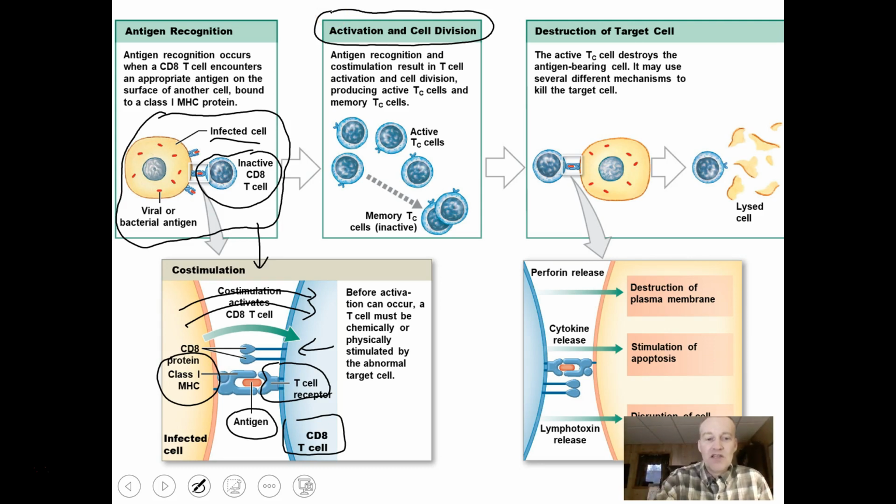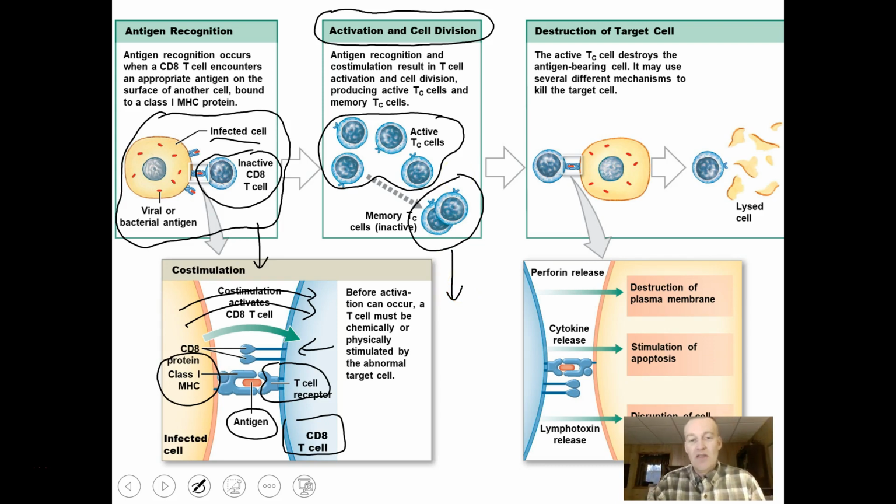These T cells will sometimes become clonal in that they'll clone themselves and actively go through cell division and make more of themselves. Some of the T cells, specific T cells to that particular antigen, they will become memory cells.